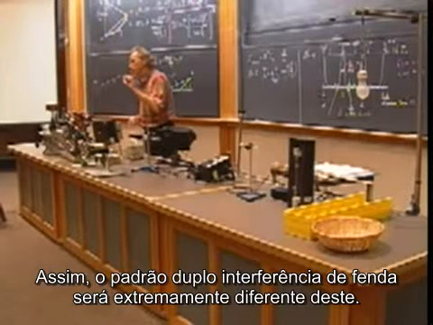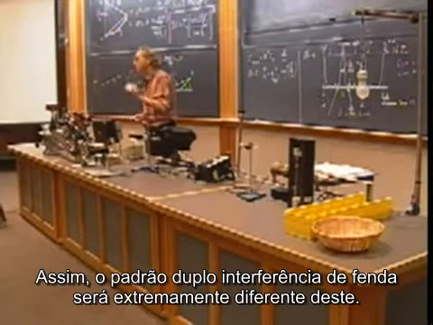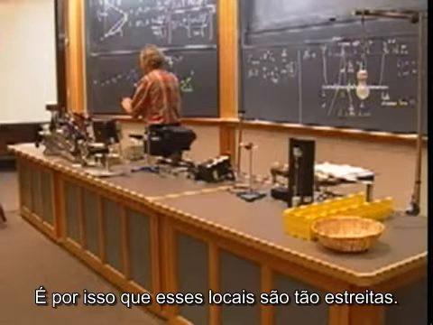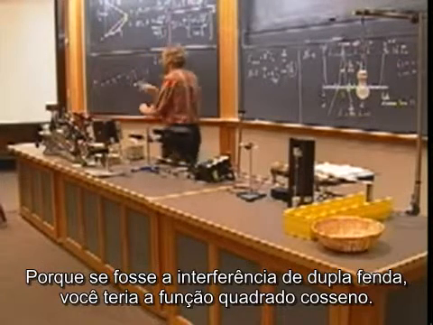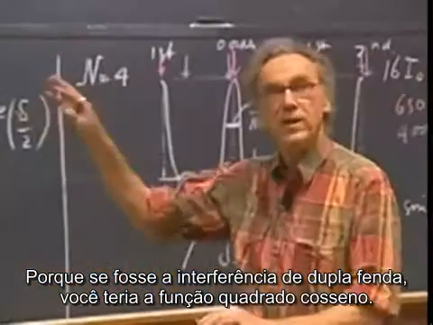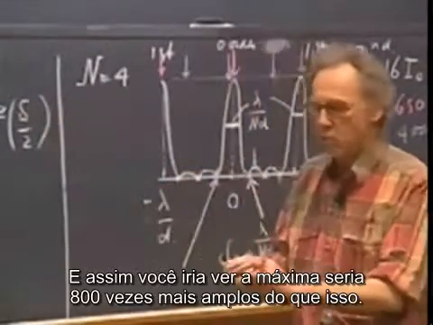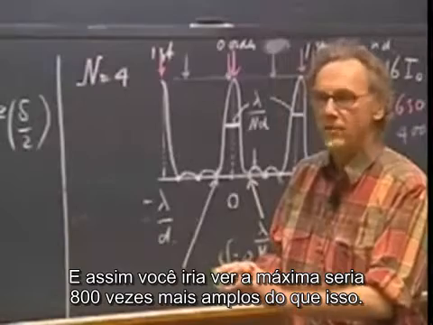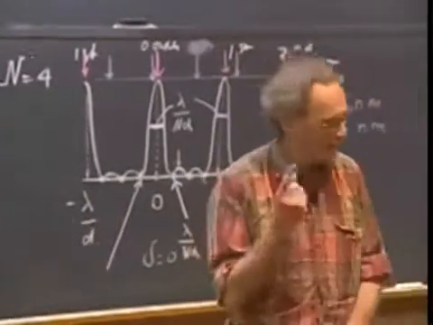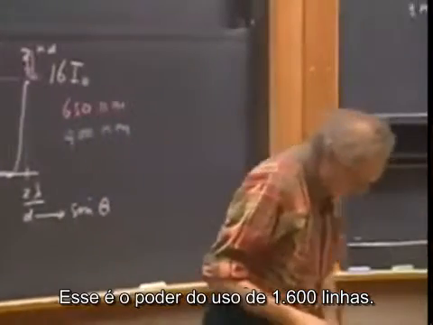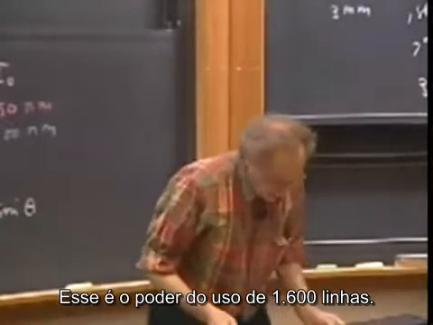So the double slit interference pattern will be extremely different from this. That is why those locations are so narrow. Because if it were double slit interference, you would get the cosine squared function, and so you would see the maxima would be 800 times broader than this. That's the power of using 1600 lines.